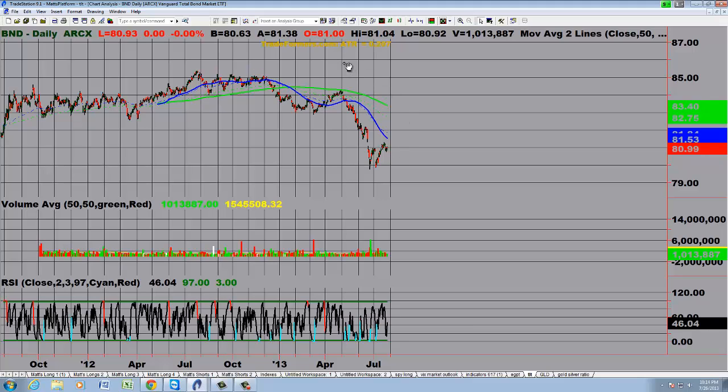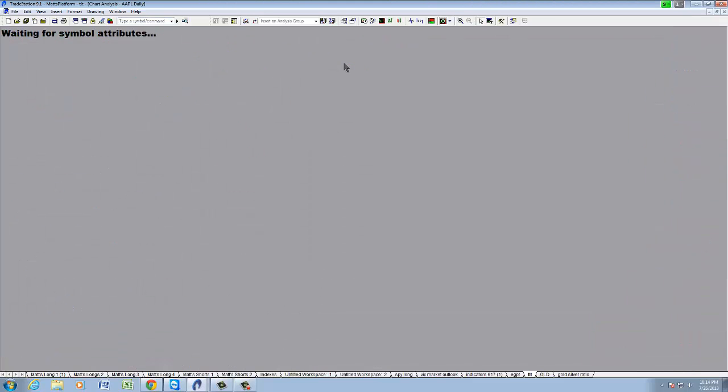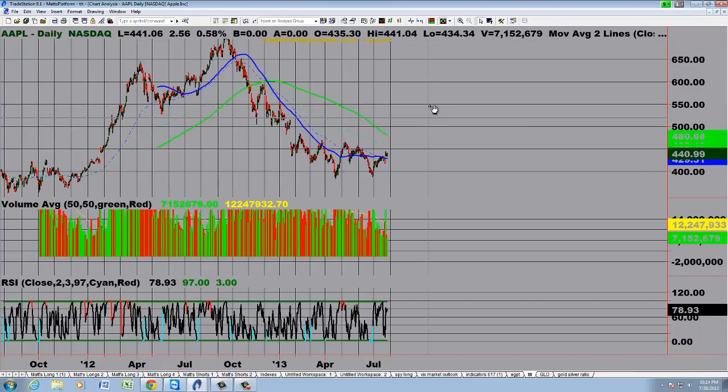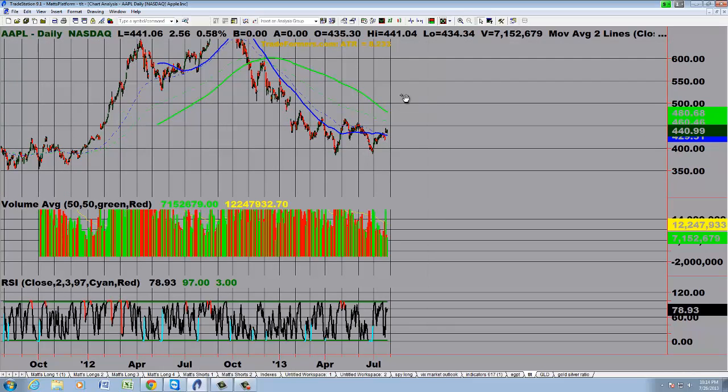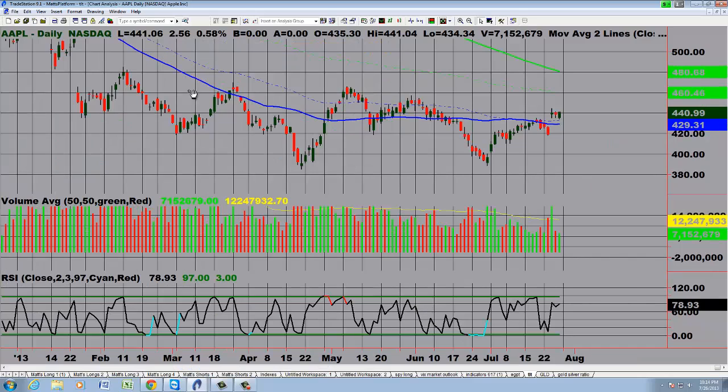Now, I mentioned Apple. Some interesting things going on in Apple, and then that'll be it for today. What we see here is a potential head and shoulders bottom, and let's put in a trend line, a neckline here.